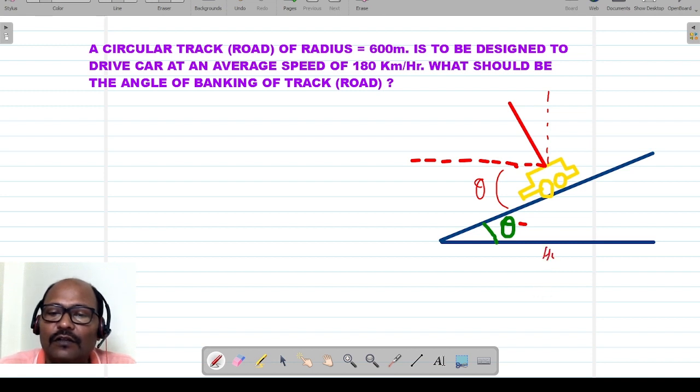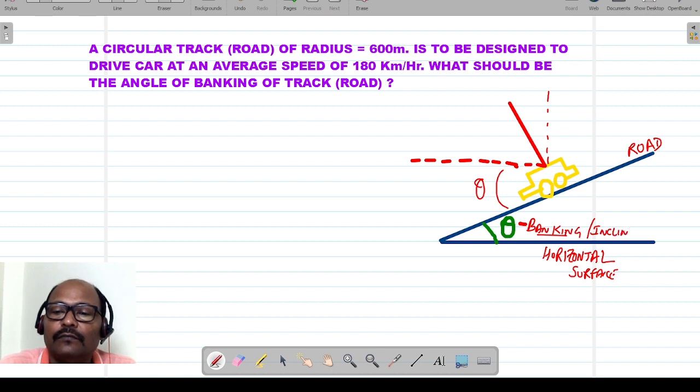This is the road, and this is banking. Banking means inclination. So students, when this angle will be theta, this will be 90 minus theta, and this will also be equal to the same value theta.